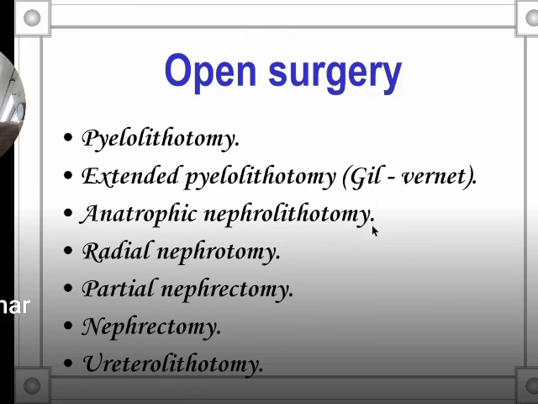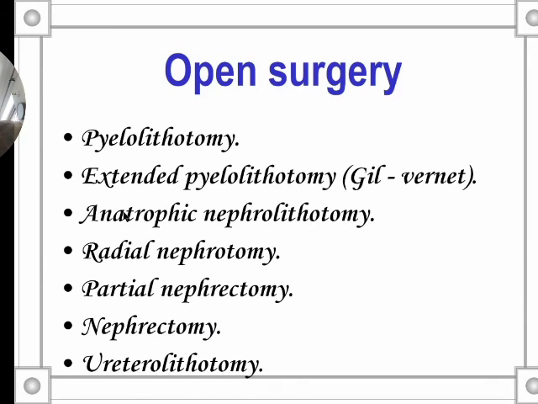If the stones are in the kidney parenchyma, then we do anatrophic nephrolithotomy, meaning you are not causing injury to the cells. You go through the avascular plane in the kidney and make an incision in the kidney, nephrolithotomy. Then radial nephrotomy is also part of this. The stone is removed from the kidney.